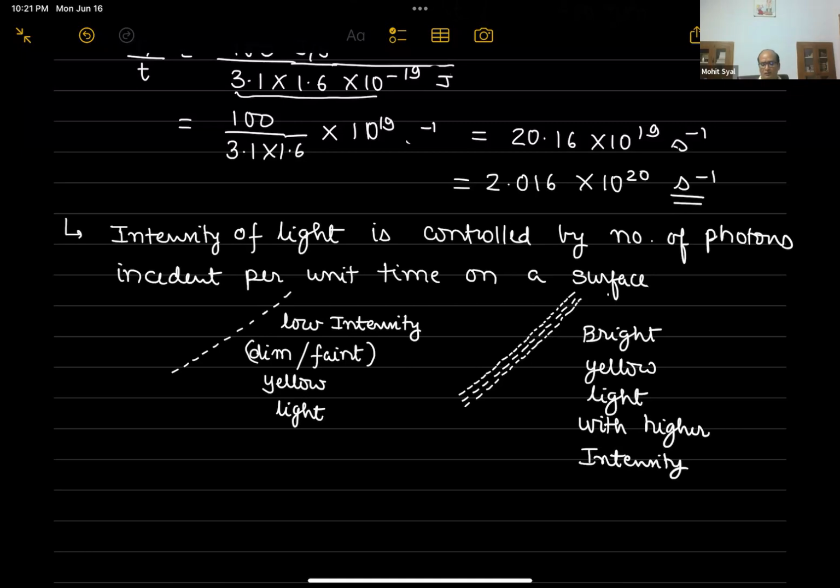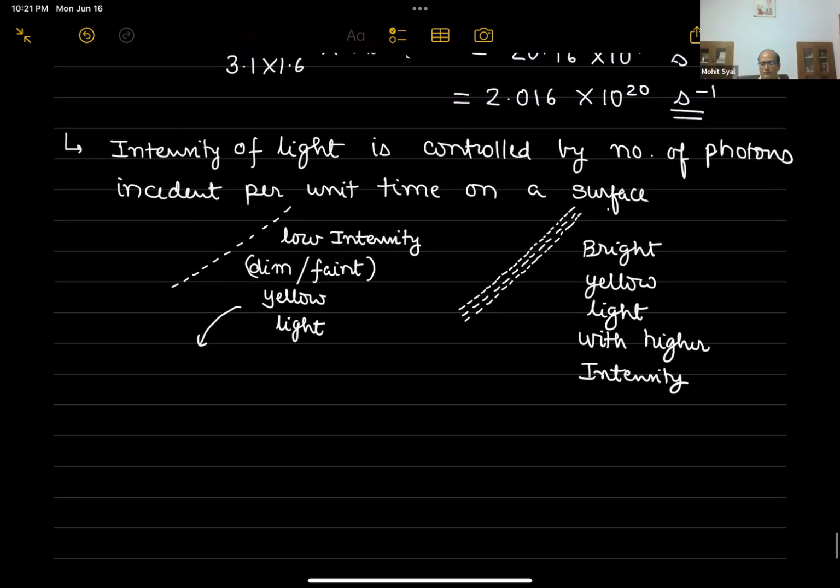So low light is having fewer photons. The energy of photons is the same because it is yellow light.